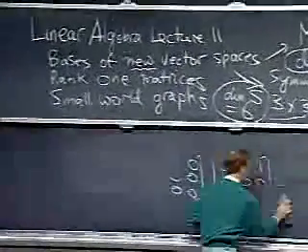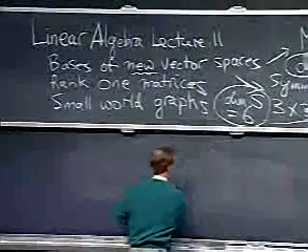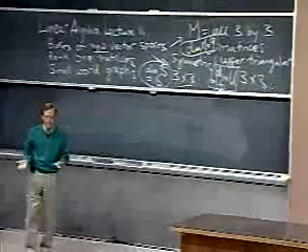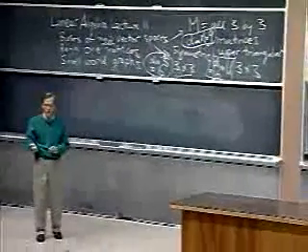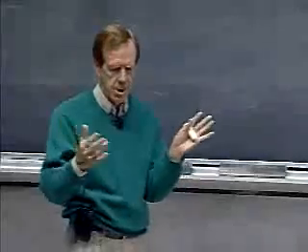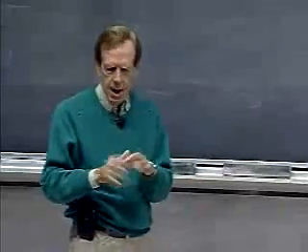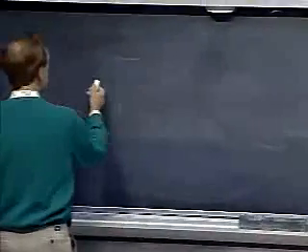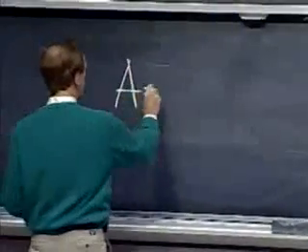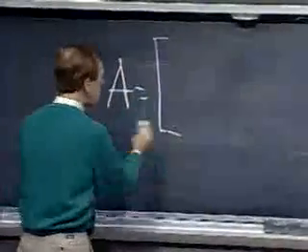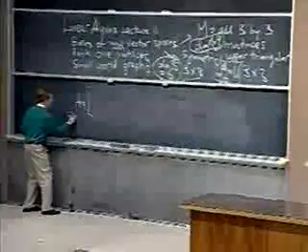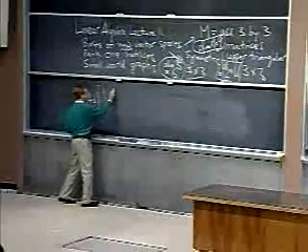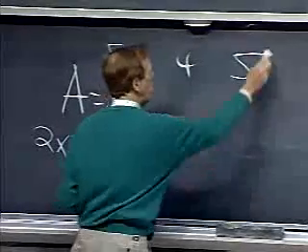The reason I'm interested in rank 1 matrices is that they ought to be simple. If the rank is only 1, the matrix can't get away from us. So for example, let me create a rank 1 matrix. Okay, suppose it's 2 by 3. And let me give you the first row.